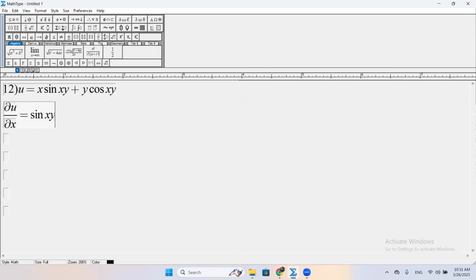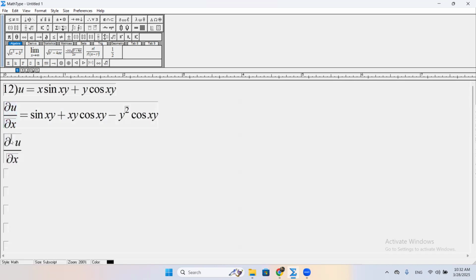So sine of xy plus xy cosine of xy minus y squared cosine of xy. So we found the first derivative, and now finding the second derivative, d2u by dx squared. So we need to differentiate the following expression.